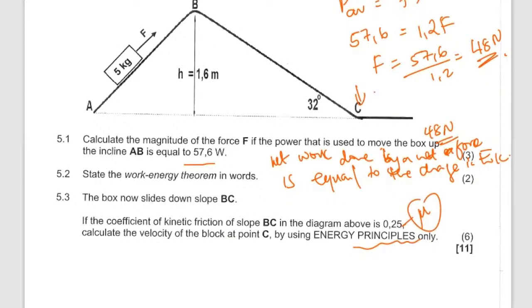So it all depends on how you want to approach this question. Remember, at point B, this box will have mechanical energy, which is a combination of the kinetic as well as the gravitational potential. And then at point C, we're just going to have the EK to be maximum, since there is no height, so the gravitational potential will be 0.